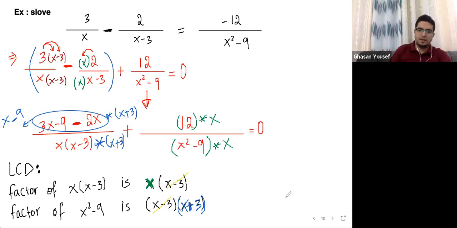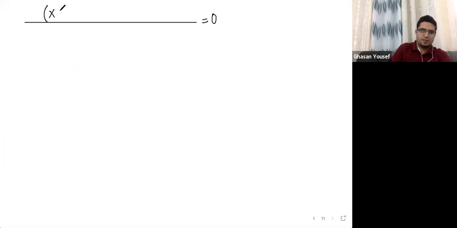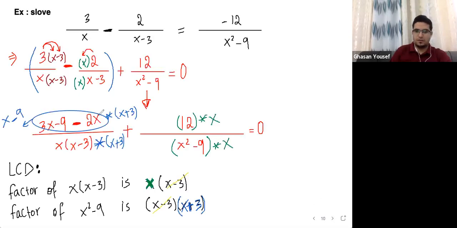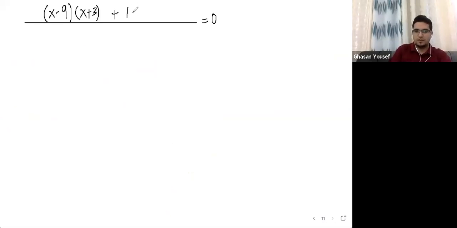In this fraction, I have x minus 9 times x plus 3, and I also have plus 12x.